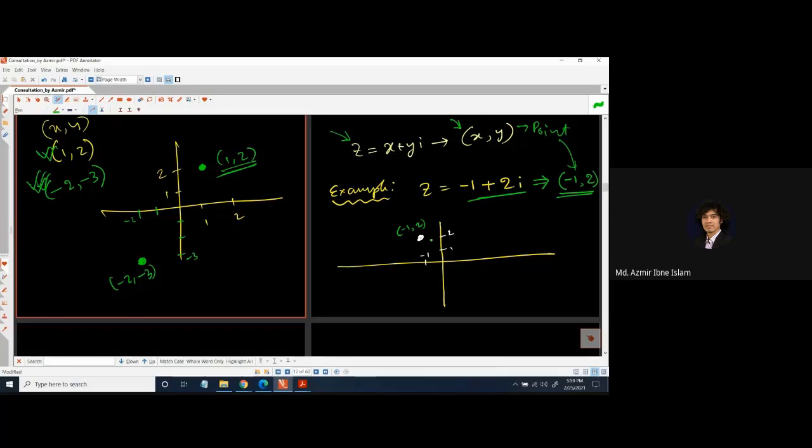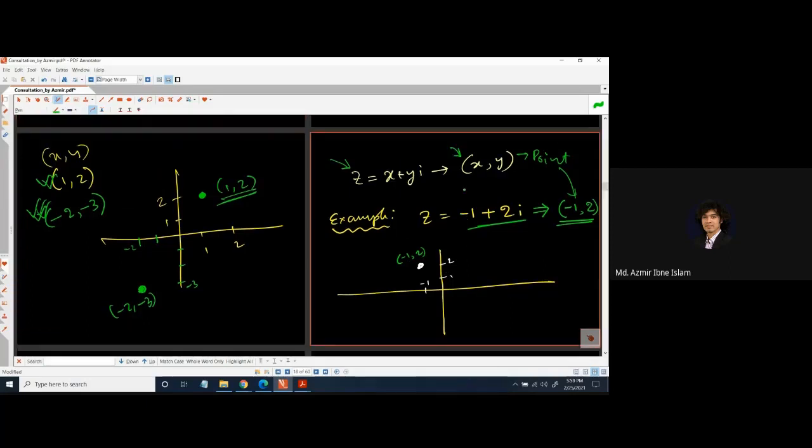The only difference that we have here is that whenever we are locating a point, that should be directed always from the origin to that point. That means you can think about vectors. So complex numbers are acting just like vectors.